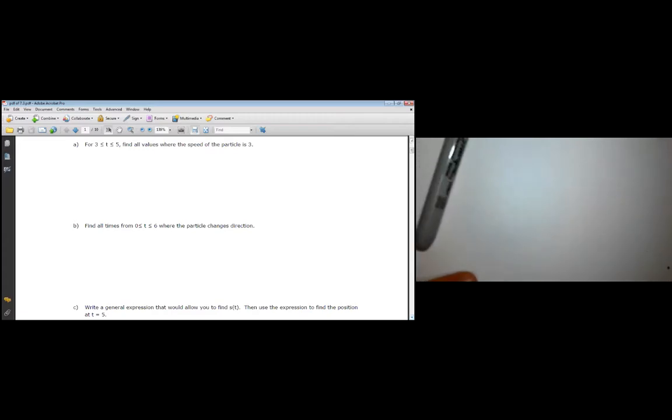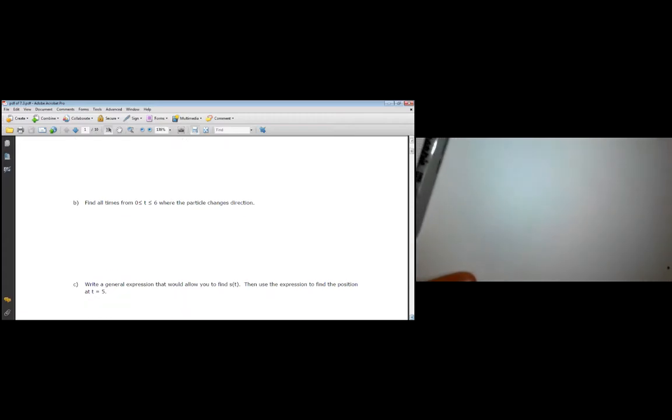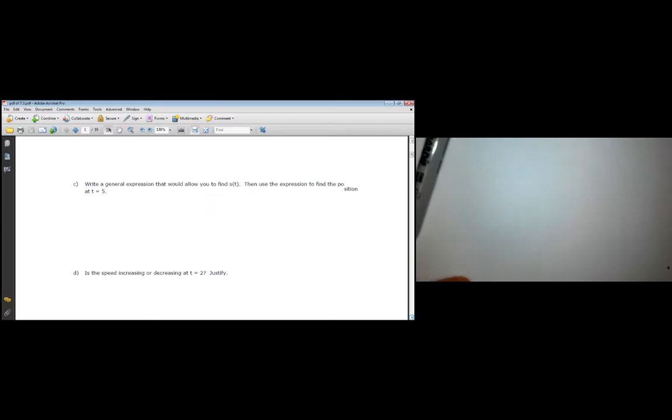How do we write an expression for position? An expression for position, anybody? You put the integral of v of t.